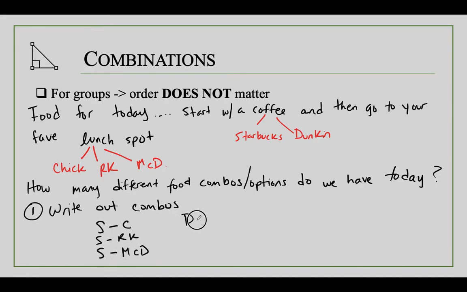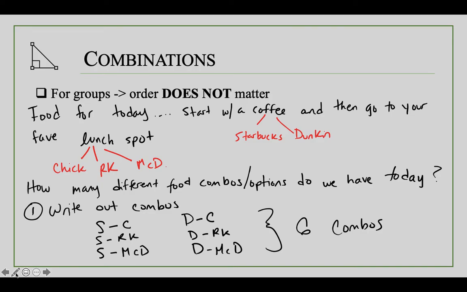Or I can have Dunkin' with Chick-fil-A, Dunkin' with Raising Cane's, or Dunkin' with McDonald's, which gets me 6 combos. Okay, excellent. So now let's look at our second way, which is drawing a tree diagram.